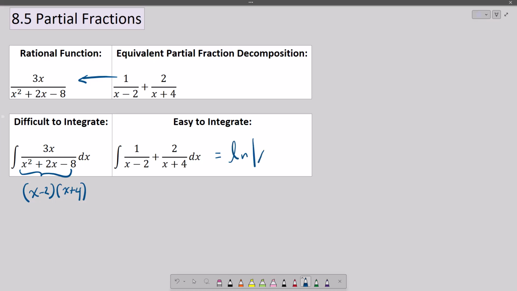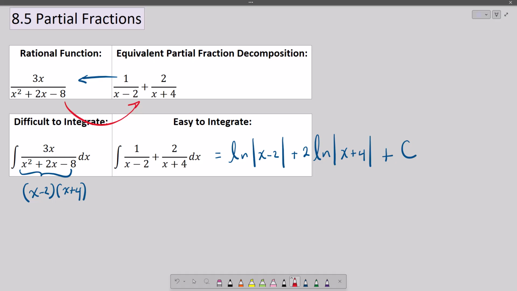So you get natural log of absolute x minus 2, and then 2 times natural log absolute x plus 4, plus c. So if we can figure out the algebra that takes us this way, that'll make our life easier.